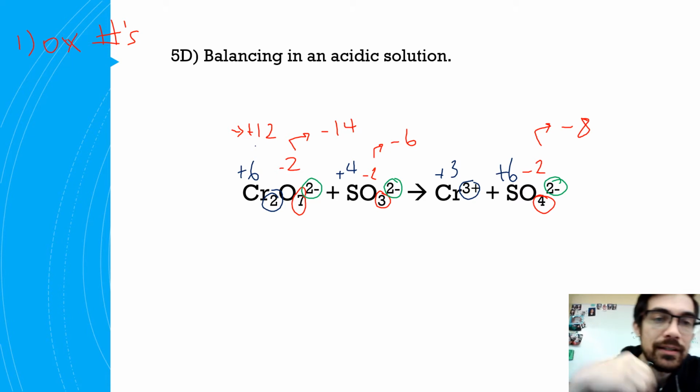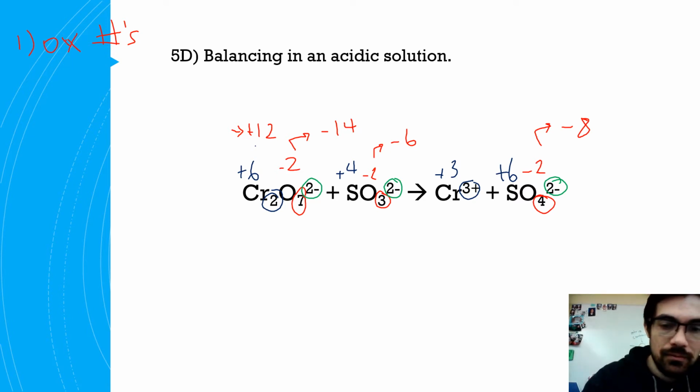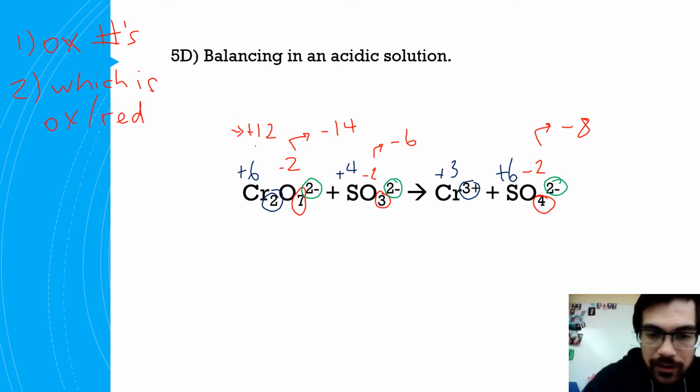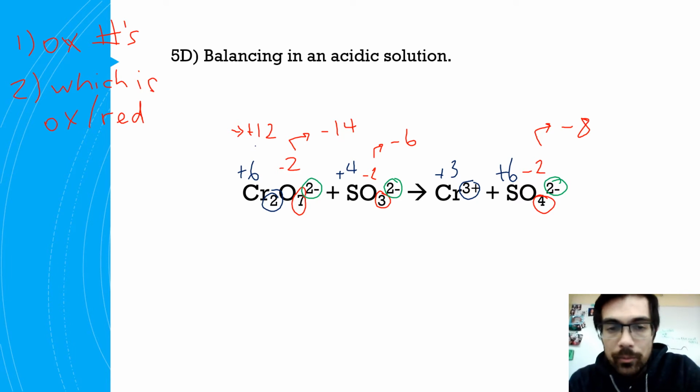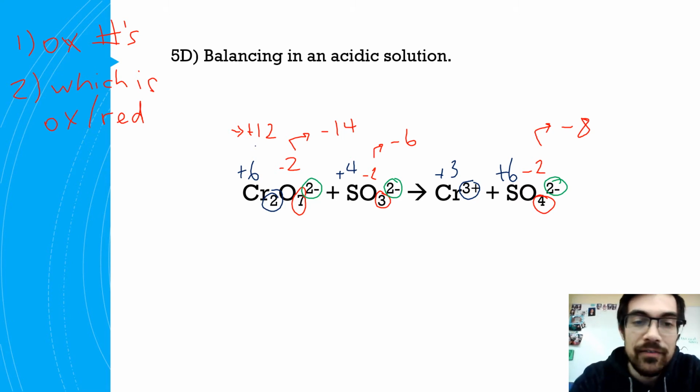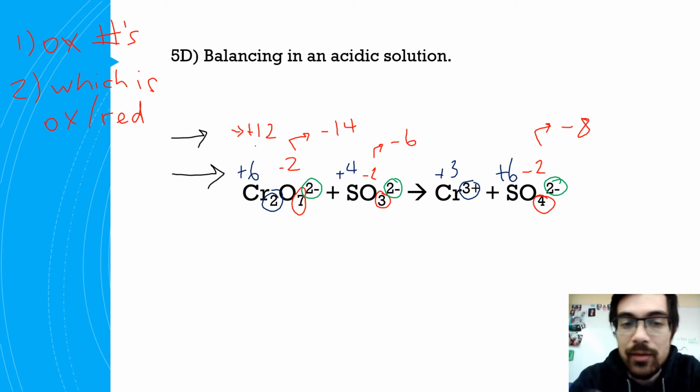Now based upon this, the second thing we need to do is look at which is oxidation and which is reduction. The one important thing I should mention at this point is to make sure you are basing which one gets reduced and oxidized off the individual atoms, not the total ones up here. That's just to help figure out what the individual ones are.